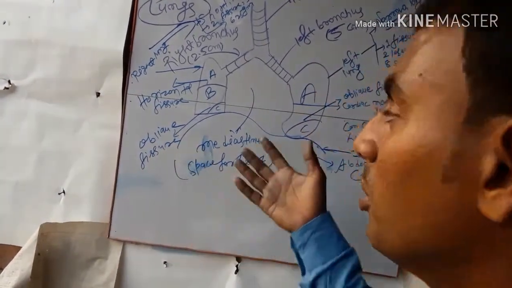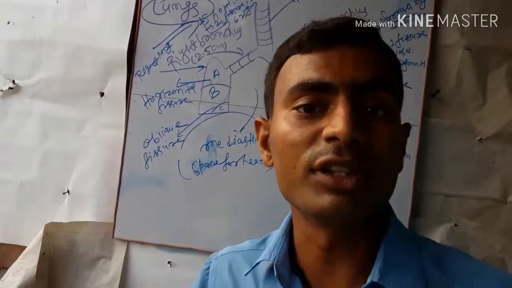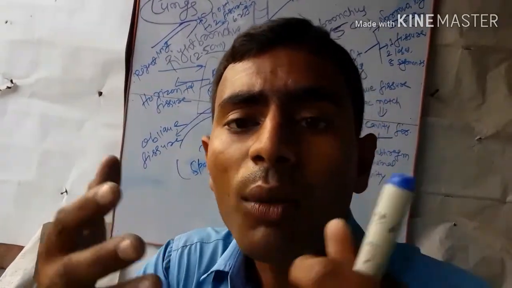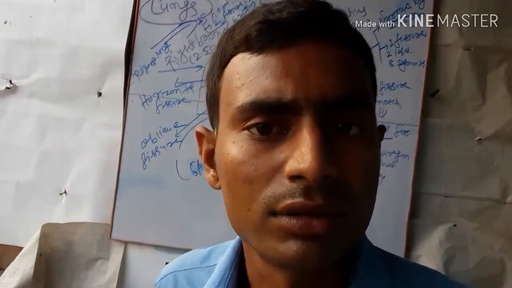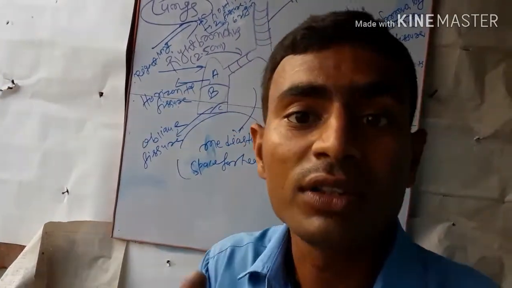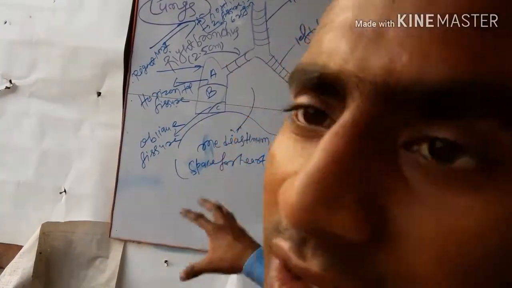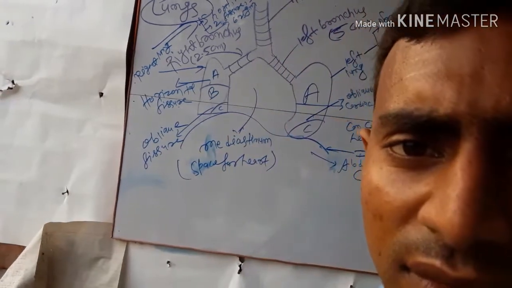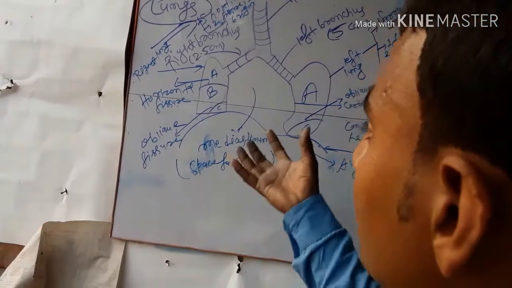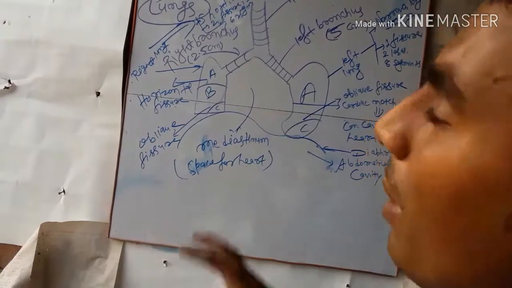If you see it before you, then you can understand it well. Without seeing it, how can you understand what the lung is, what its work is, and what its shape is? To see the shape of the lungs, I have given this figure. You see that this is the lungs, and the lung shape is like this.